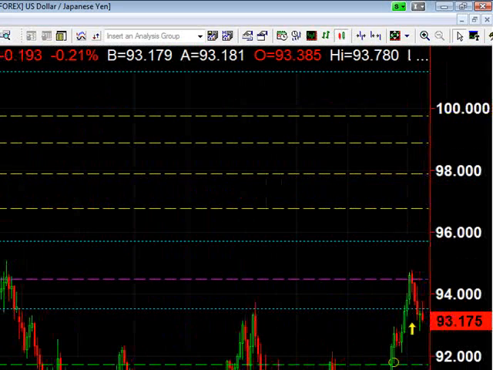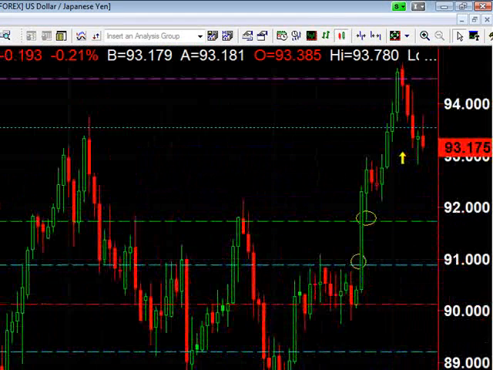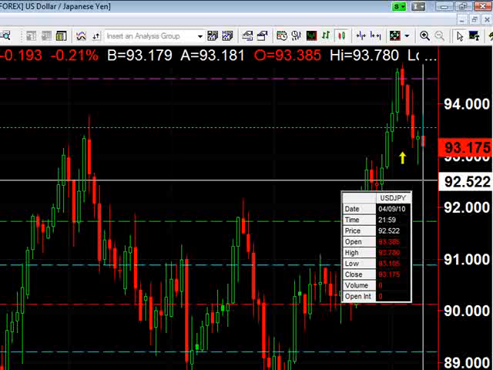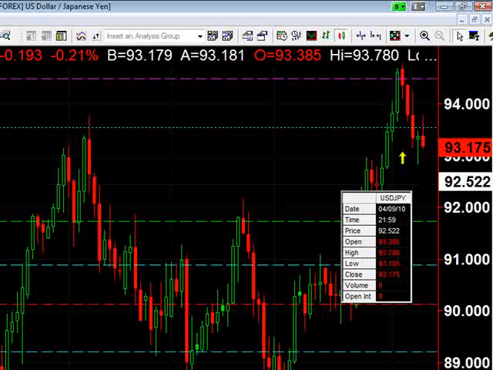And if we look at the daily chart, the low of Friday was 93.10.